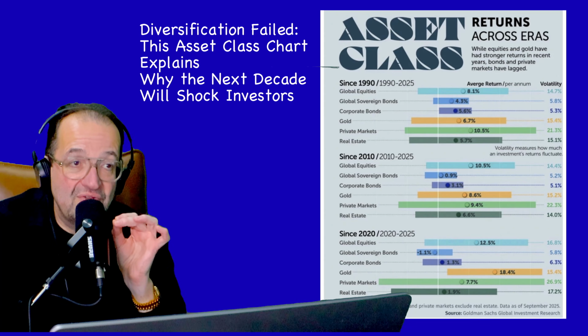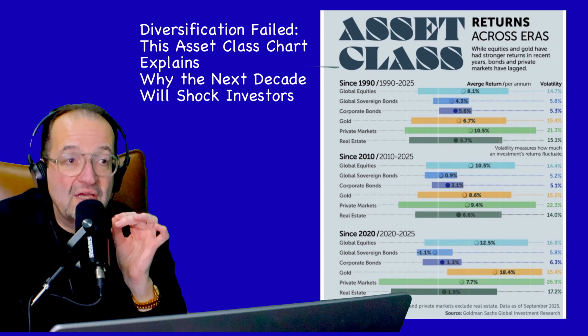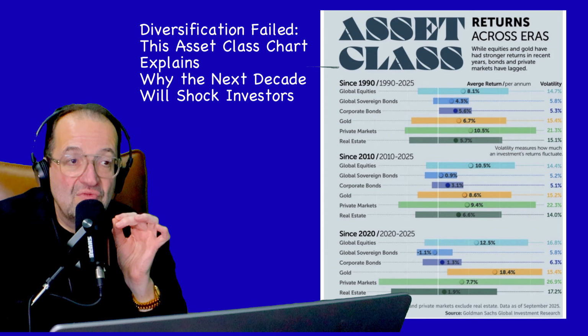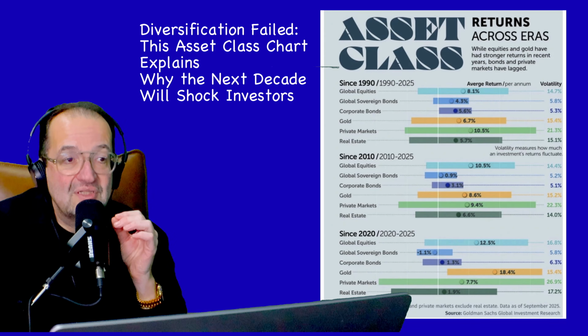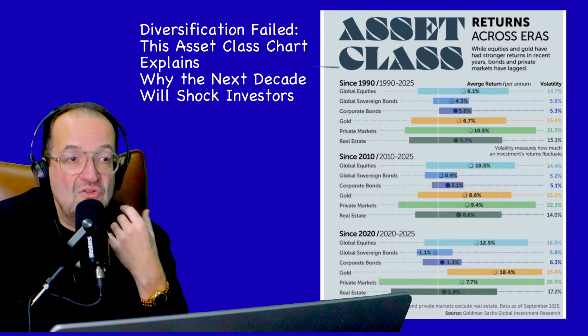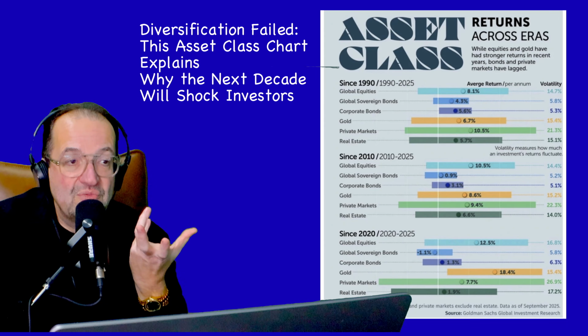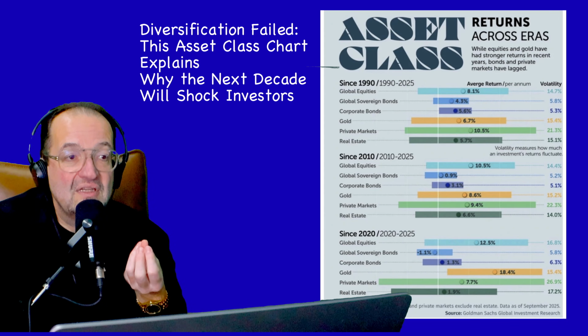So let's start with the longest lens. 1990 to 2025. Global equities, 8% return, 14.7% volatility. This is your classic equity risk premium. Strong, but not magical, right? Then you've got the sovereign bond, 4% return, 6% volatility.